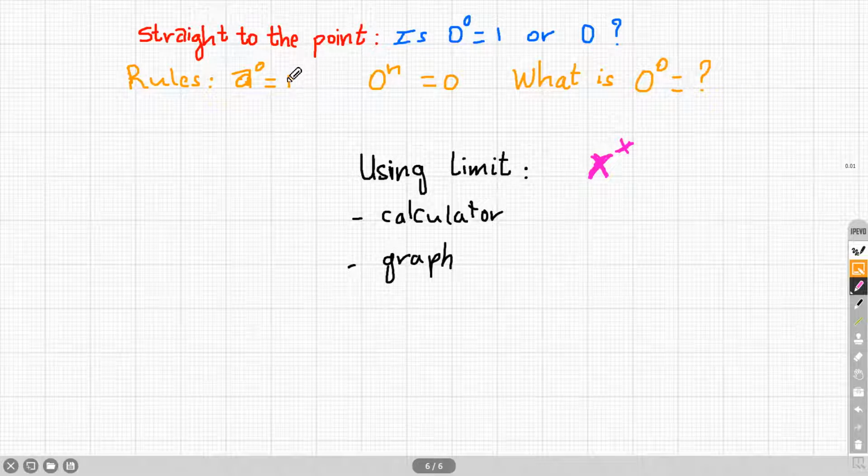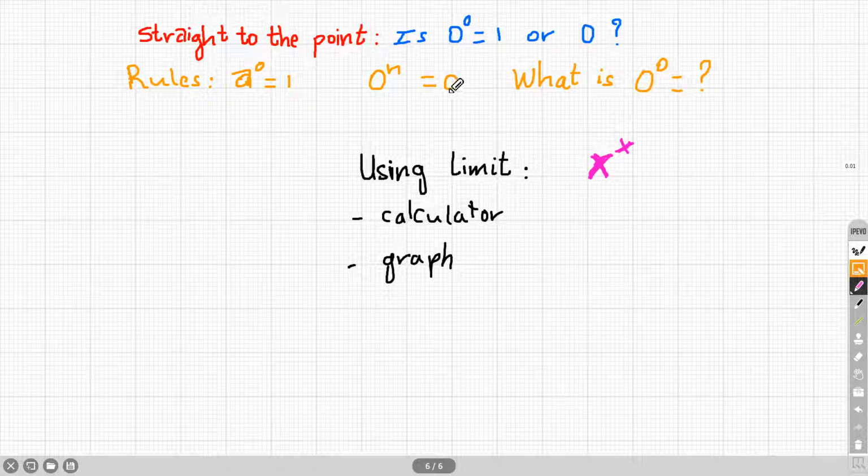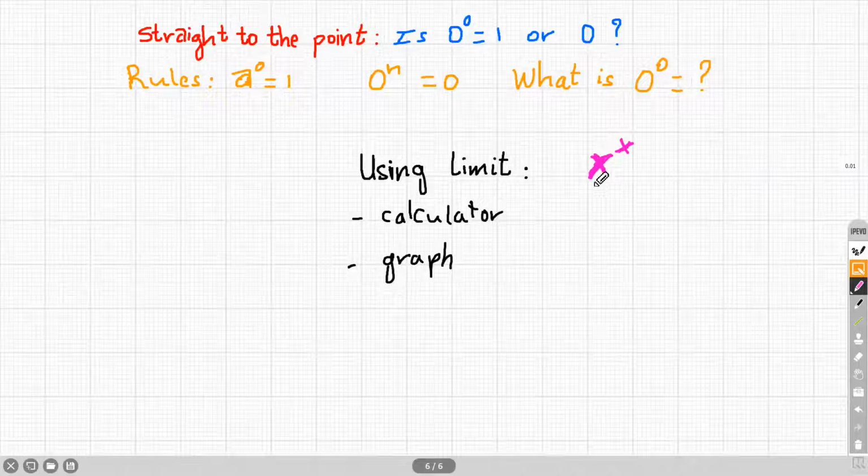If our answers are getting closer and closer to 1, that means that's our limit, and that would be the answer to what we are looking to find. If it's getting closer to 0, then 0 would be the answer to the question that we are asking today. So we can proceed in two ways, using a calculator or using a graph. We are going to do both ways.